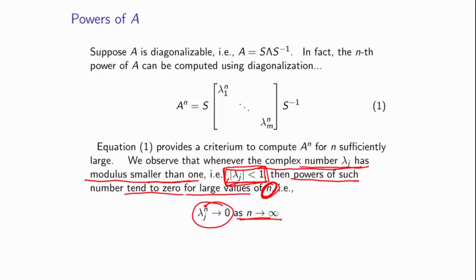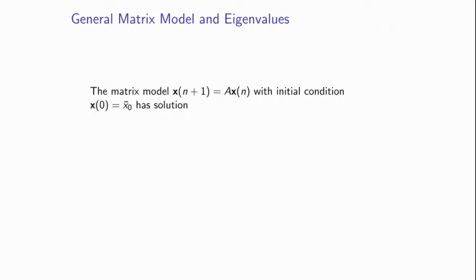Okay, this is easy to picture when lambda j is what we know as a real number. In other words, when lambda j has imaginary part 0, we're all familiar with this kind of thing. But now, this is an extension into 2 dimensions, right? So we are making a connection of that result to our general matrix model that we were discussing.